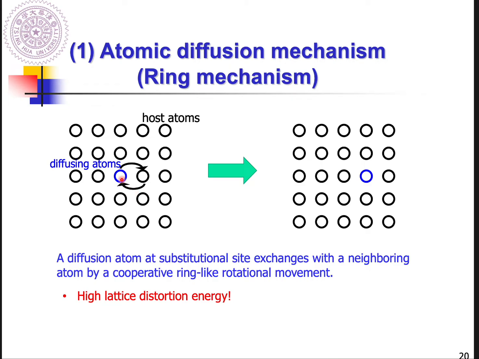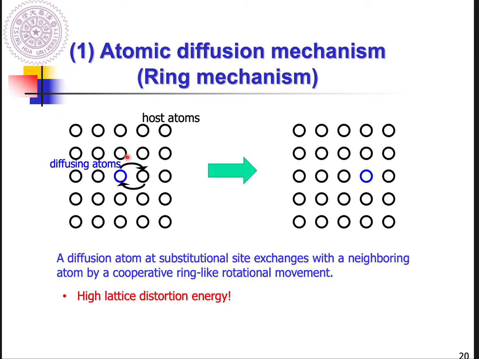They move together. This kind of movement will cause the diffusing atom to move from here to here. Diffusion happens. But in this diffusion mechanism, the atoms move together, so that will cause high lattice distortion energy.